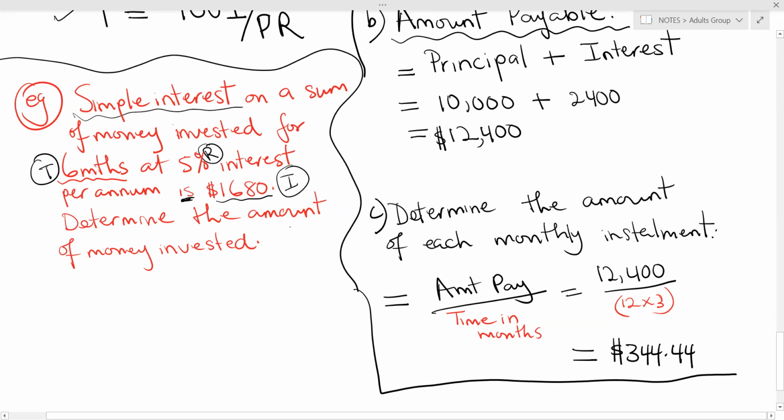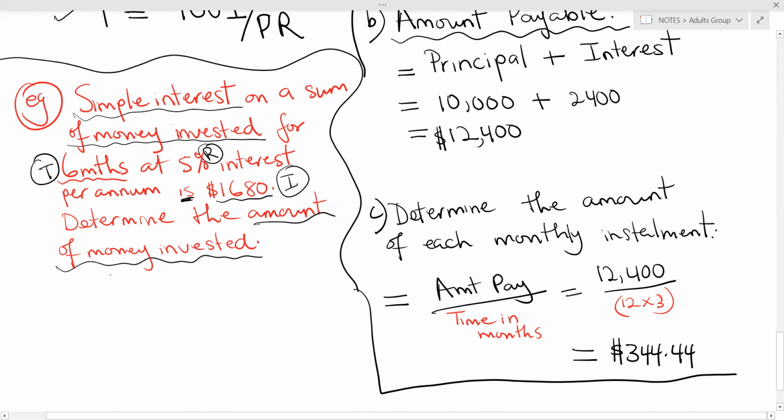They just put a set of stuff in between it to make it look like the principal. A lot of people will just run and assume that was the principal, right? So they said simple interest on a sum of money invested for 6 months at 5% interest per annum is 1680. On a sum of money also tells you that we don't know the sum of money. Determine the amount of money invested.